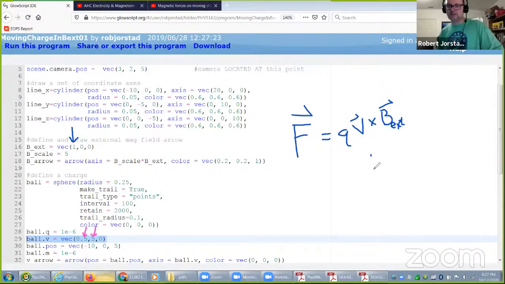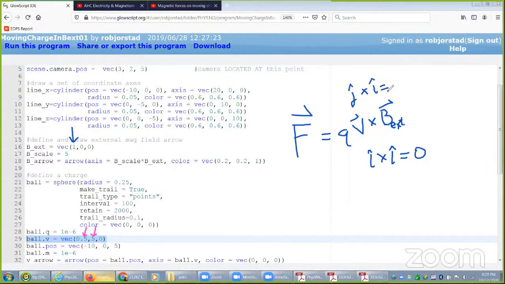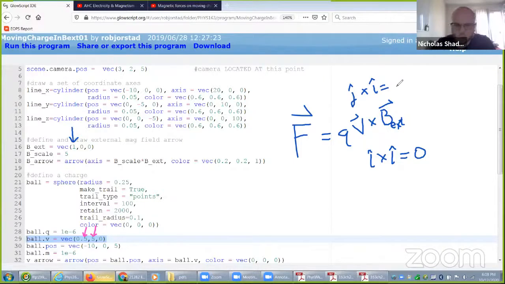I hope you agree that the I hat cross I hat term will not matter. Should only be J hat cross I hat, which is... my cable in? Yeah. You're back. Okay. Negative K hat.